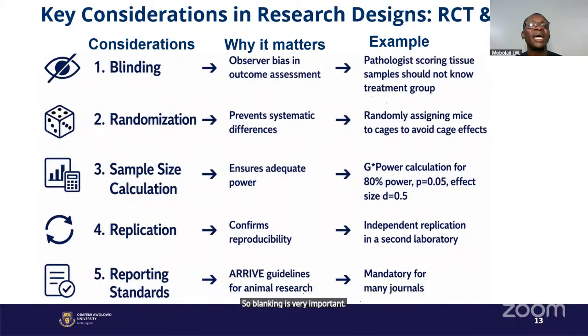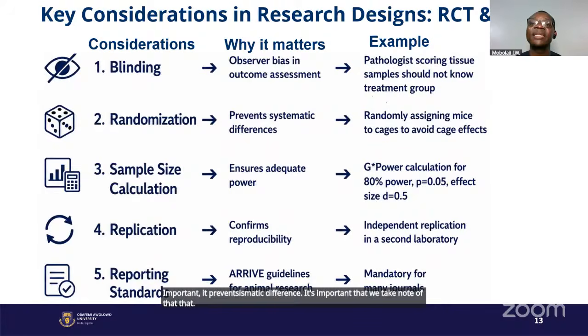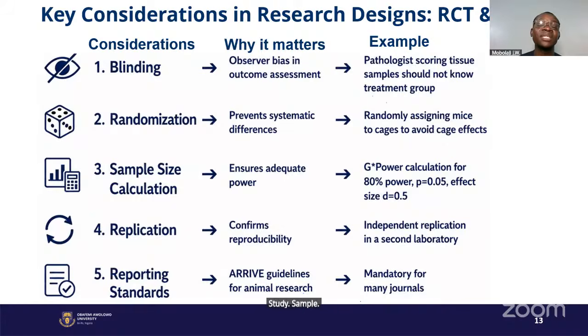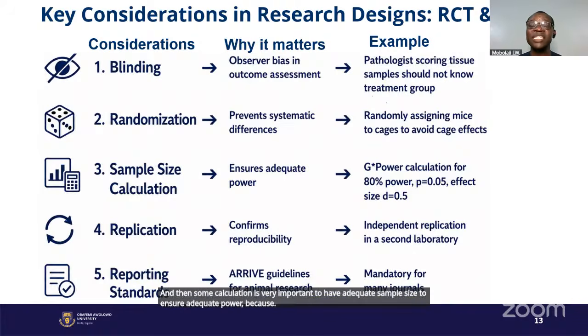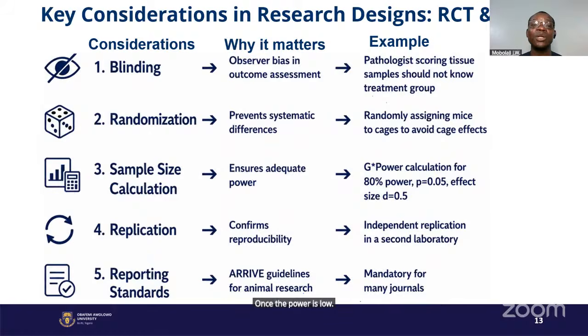That's just an example. And then randomization is also important. It prevents systematic differences. We randomly assign the study sample to avoid group difference effects. For example, if you're assigning mice, you do it randomly to avoid cage effect. And then sample size calculation is very important, to have adequate power, because once the power is low, the estimation will be unstable and it's going to affect the findings of the study.